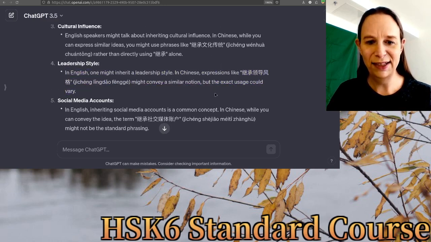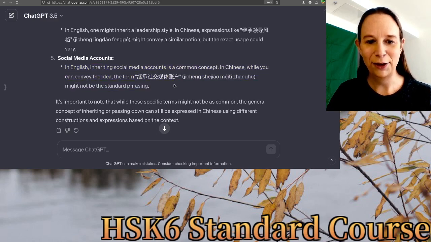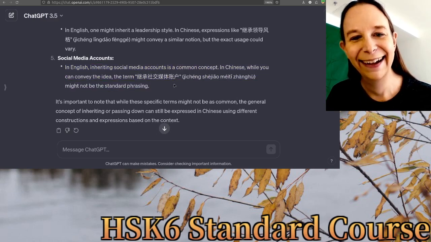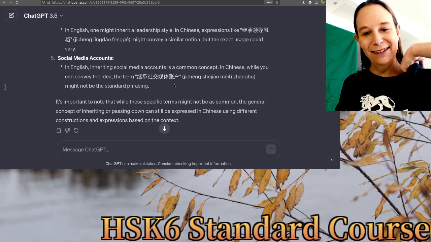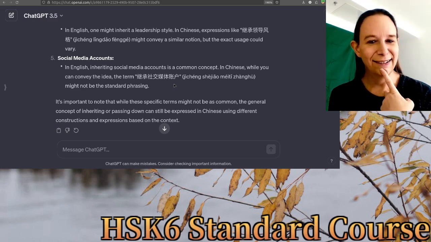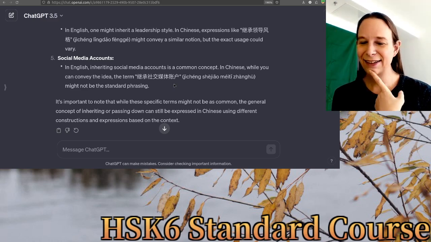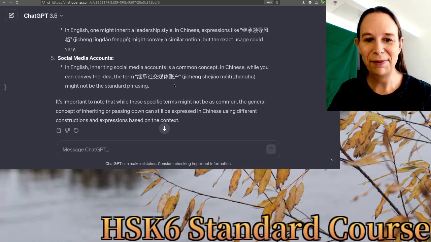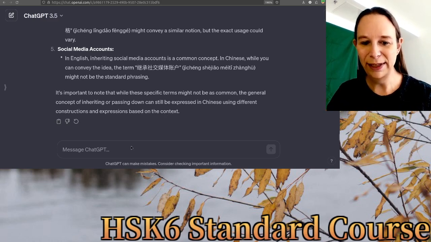Inherit leadership styles. Inherit a social media account. Do people inherit social media accounts? Maybe, I don't know. So it's not exactly the same, is the point here.